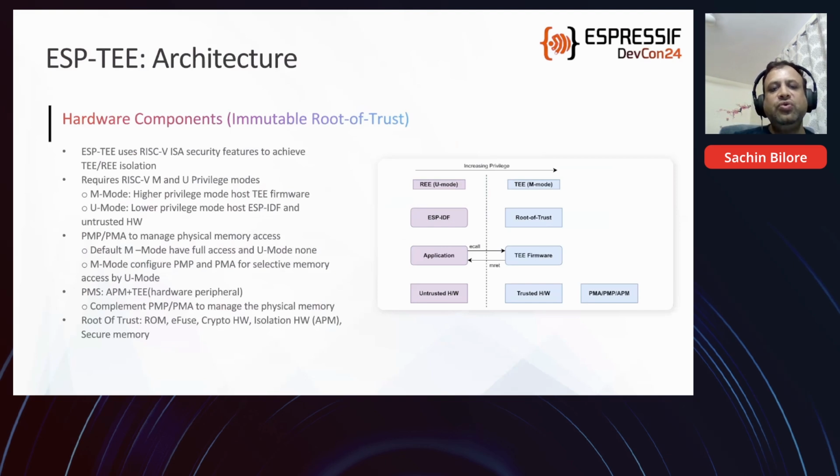We also use U and M mode environment calls, or eCall in short, which is used to switch between the worlds, RE and TE. We also use the proprietary peripheral APM, access permission management, which complements and extends the capability of the RISC-V primitives PMP and PMA to further establish the isolation between ESP TEE and RE.